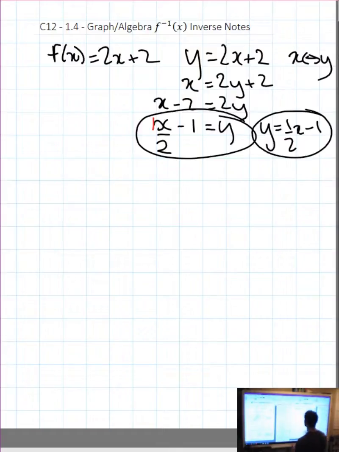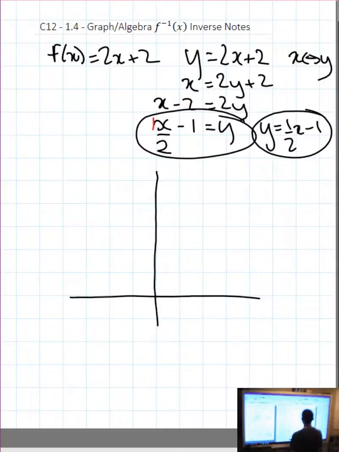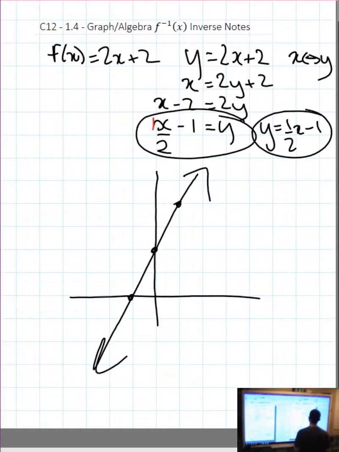So as you can see in the notes, let's graph both of those. So from grade 10, we have the equation y equals 2x plus 2 with a y-intercept of 2 and a slope of up 2 over 1, and the same slope in the opposite direction. And then our new equation, y equals 1/2 x minus 1, so we have a y-intercept of -1.